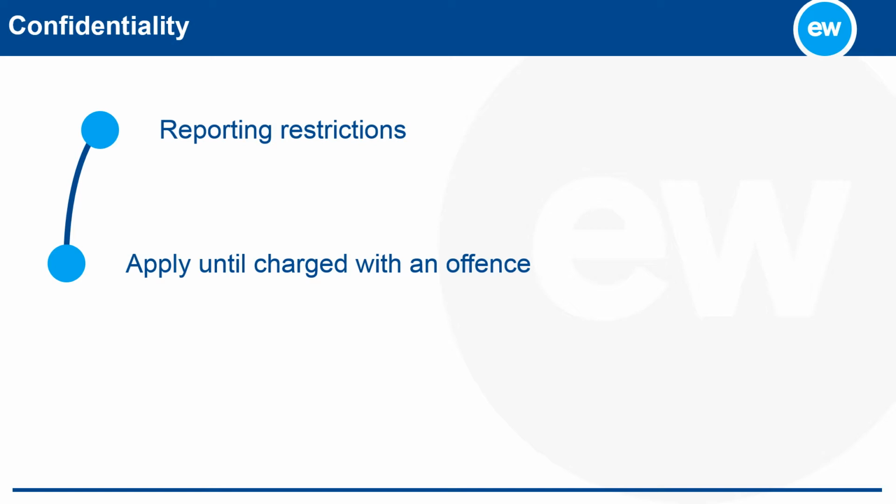So great care needs to be maintained here, that only those who need to know are kept abreast of what is happening. A breach of this is a serious matter because it can lead to criminal prosecution for contempt of court.